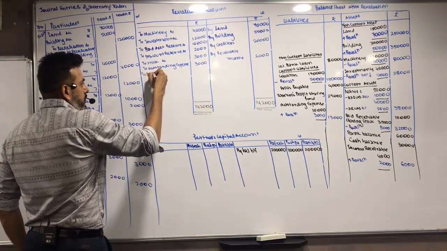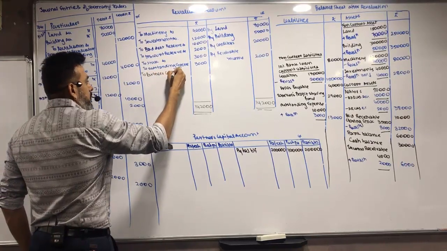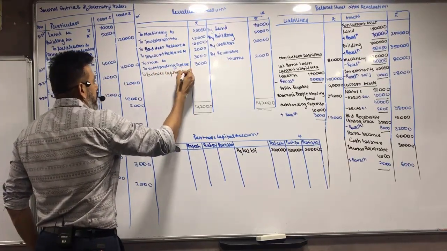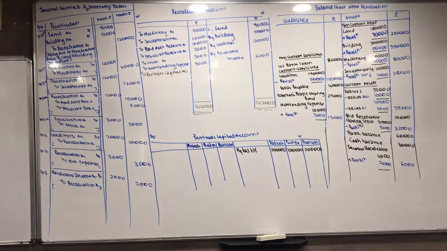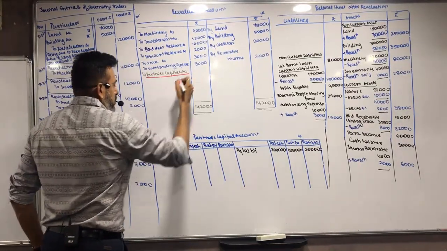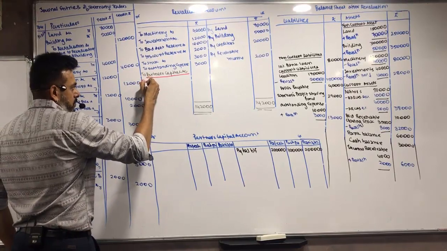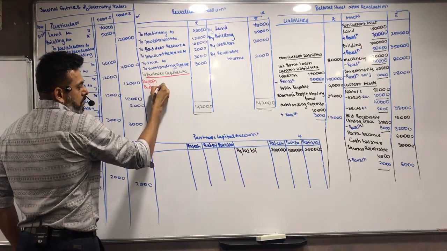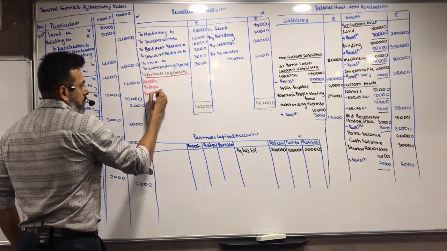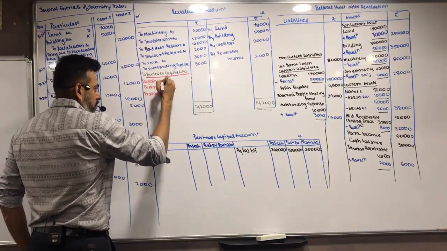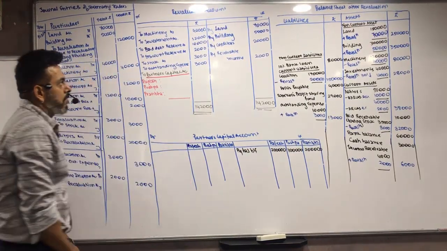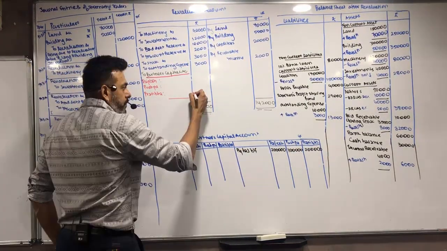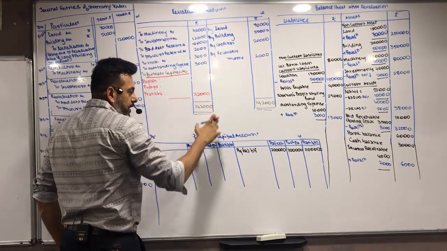Two partners, capital account. Please note this 72,000.